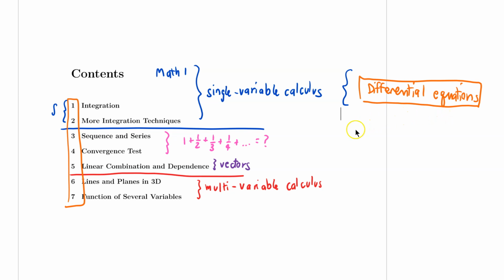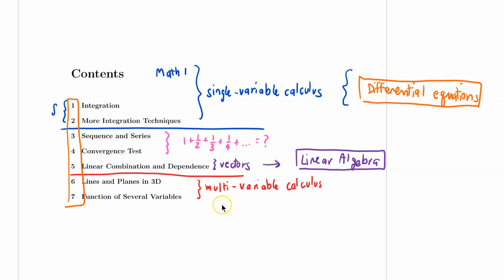In the big picture of things, by the way, what we did in lecture 5, linear combination and linear dependence about vectors, this is going to be a foundation of what you're going to do in linear algebra. I believe this is a course that you will have to take in the next year.